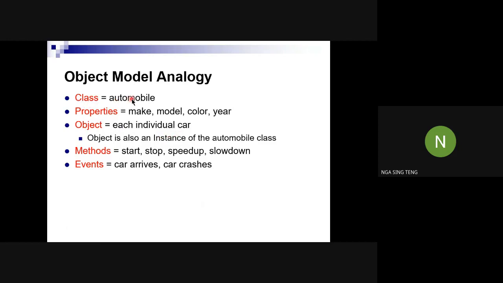You have each individual car based on this car. Okay, so an object is also an instance of the automobile class. You can apply to the objects: start, stop, speed up, slow down. Events here: cars arrive, car crashes, and so on.